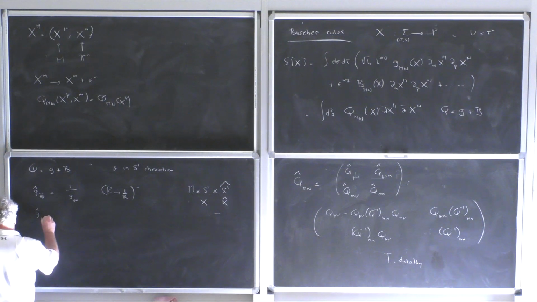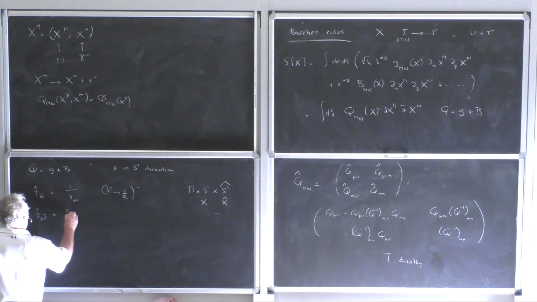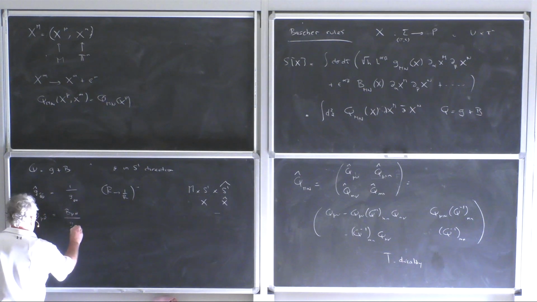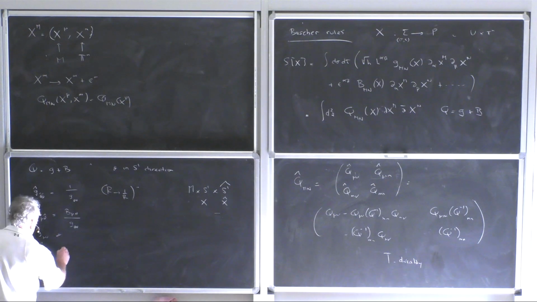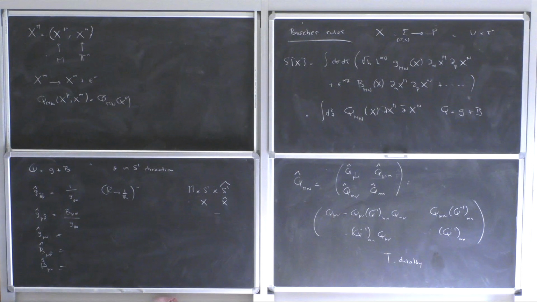Well, okay, so you have formulas for all the components of G and all the components of B. And maybe they are in the notes, so maybe I won't write them out.